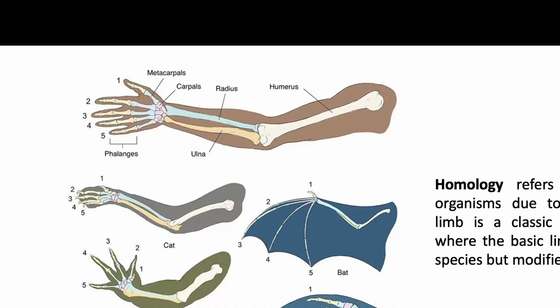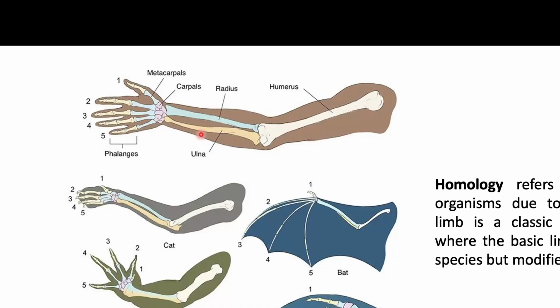Now the vertebrate limb is a classic example of homologous structures where the basic limb plan is conserved across different species but modified for different functions. The best example here is the human hand, which is made up of this basic organization. We have a single long bone from the shoulder joint, which is the humerus.